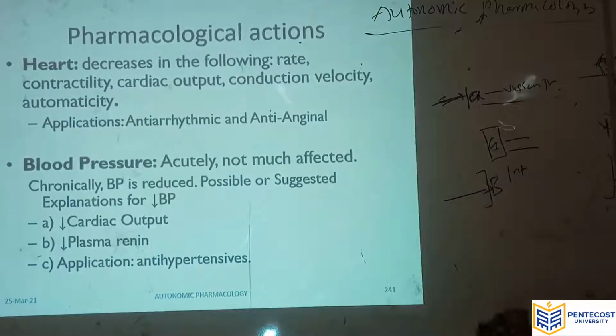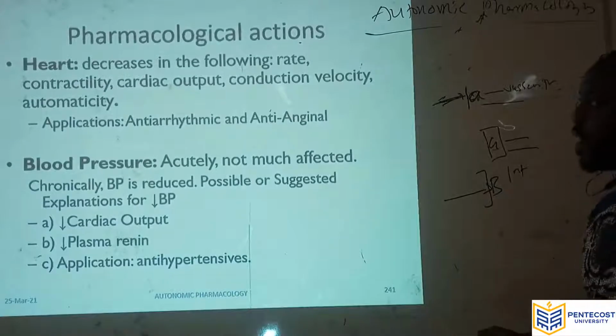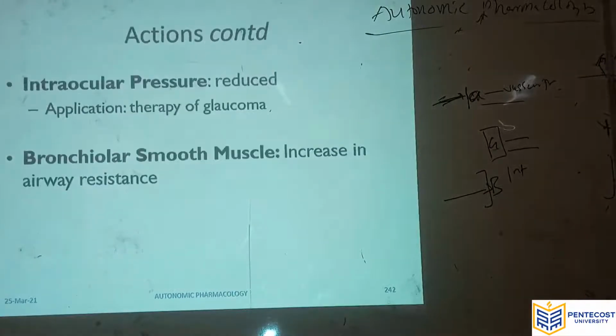So when you are blocking the beta receptors, you are going to decrease heart rate. An increase in heart rate leads to an increase in blood pressure. So as you are decreasing the heart rate, you are also going to decrease the blood pressure, and also decrease renin release and other things.